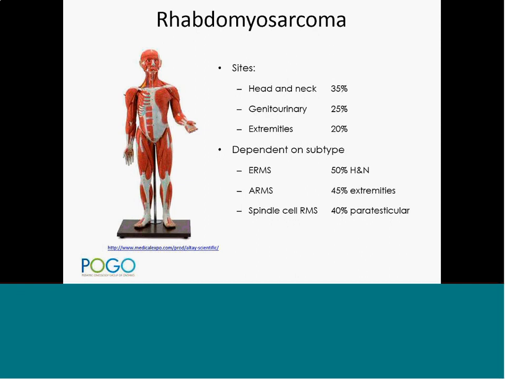The alveolar rhabdomyosarcomas tend to occur in the extremities, and they also have an age distribution whereby the alveolars are more common in older children, and the embryonals tend to be more common in younger children. Also, rhabdomyosarcoma is a fairly special category in that a significant proportion occur in the paratesticular region of children and young adults.